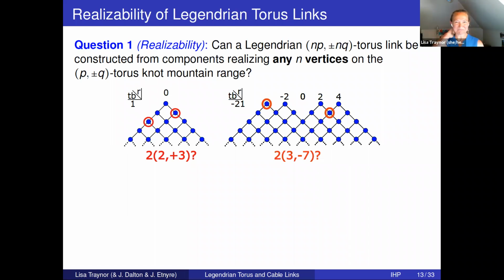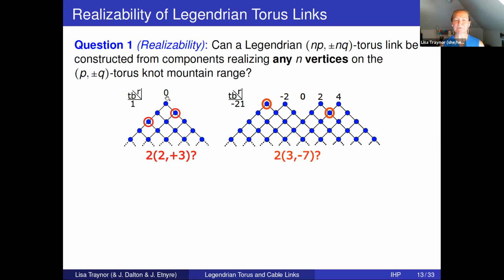So the first question is just realizability. Remember, if you have an n(p), n(q) torus link, that has n components, and each component is a (p,q) torus knot. For example, if I'm looking at a 4,6 torus link, each component is a 2,3 torus knot, or a positive trefoil.